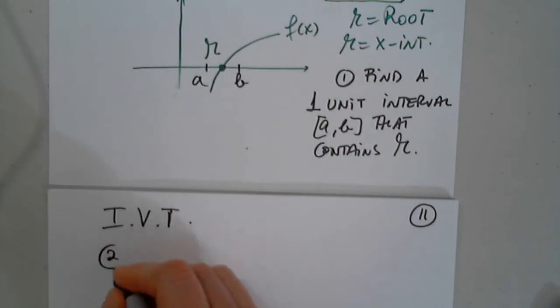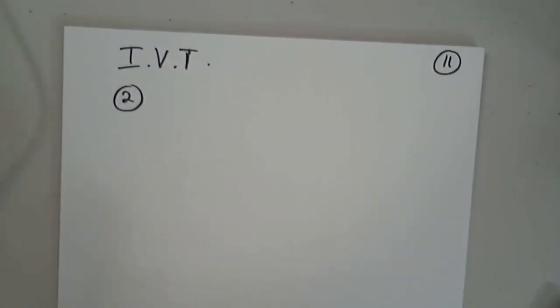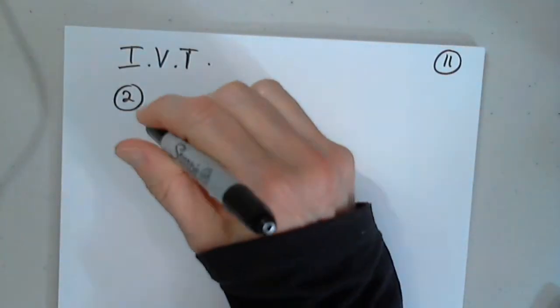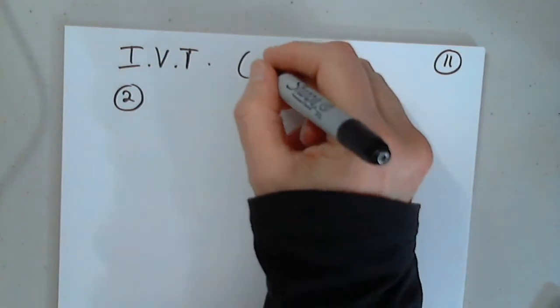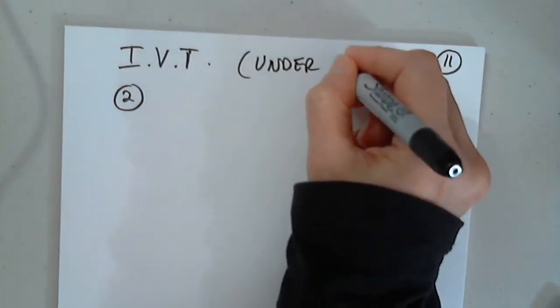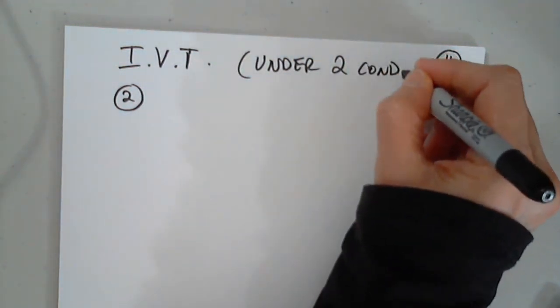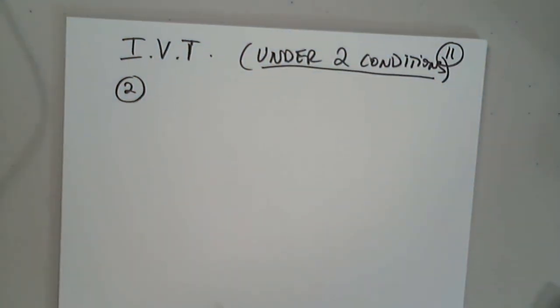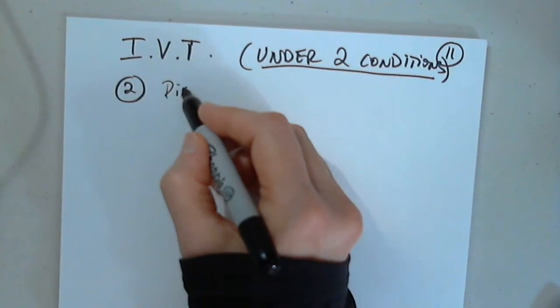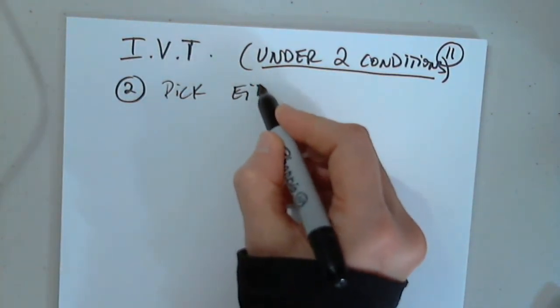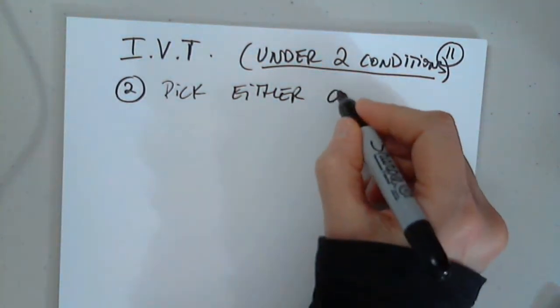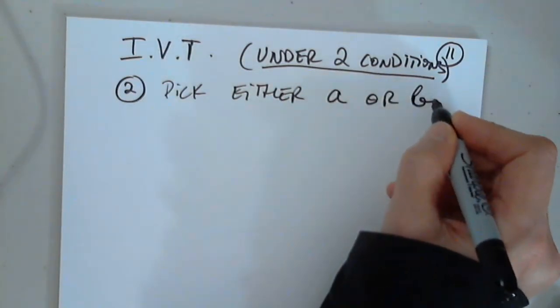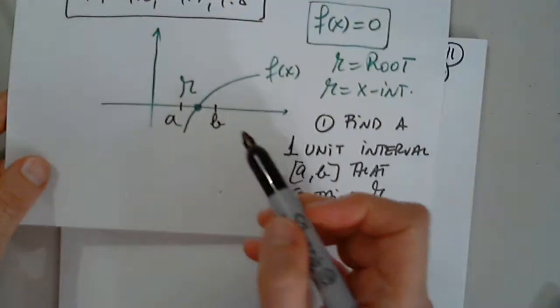In step 2, there are 2 conditions here. I will explain the conditions at the end of the steps, under 2 conditions that I will come back to in a minute. In step 2, pick either a or b. What do you mean a or b? Yes, the interval.